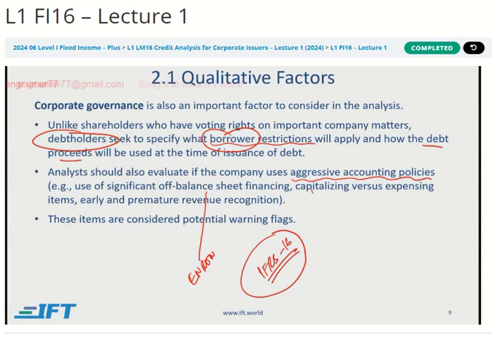And we also discussed in FSA the rules for capitalizing certain costs and expensing certain costs, and if a company is aggressively capitalizing them instead of expensing them, that is definitely a potential red flag, right? Also in FSA we talked about revenue recognition rules, and because this is a principle based standard, there is some subjectivity involved over here. And therefore, companies could be doing aggressive revenue recognition. As an analyst, we need to keep an eye out for that.